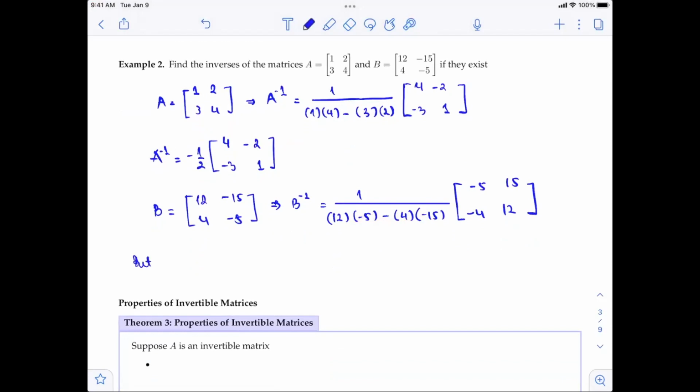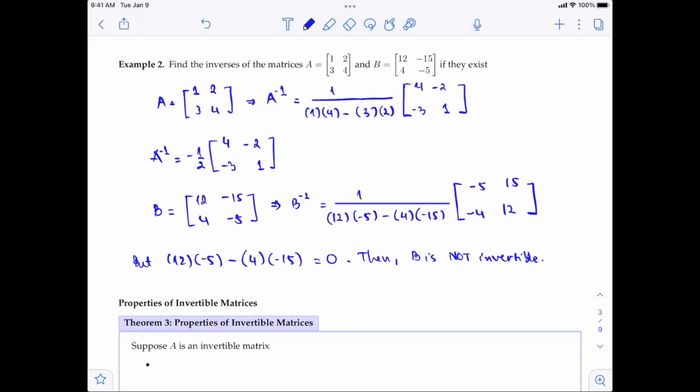The calculation 15 times -5 minus 4 times -15 gives us 0. Then B is not invertible. Okay, so at this point, hopefully you get some idea how to calculate the inverse of a 2x2 matrix, right?